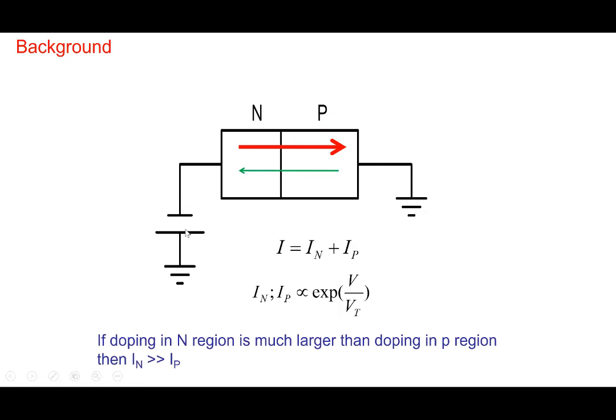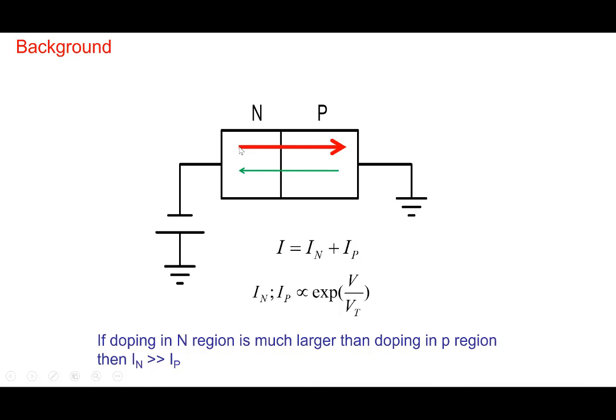Now, what we are going to do is consider a case where this is the emitter and this is the base, and the emitter is much more heavily doped as compared to the base. So what happens is that this electron component becomes much larger than the hole current component here. For the sake of discussion, keep in mind that the junction is constructed in such a way that the electron current is about 100 times the hole current.